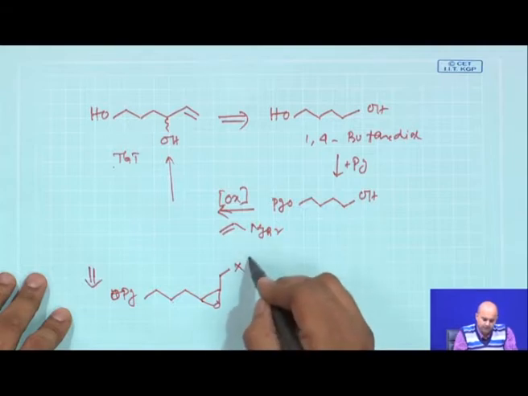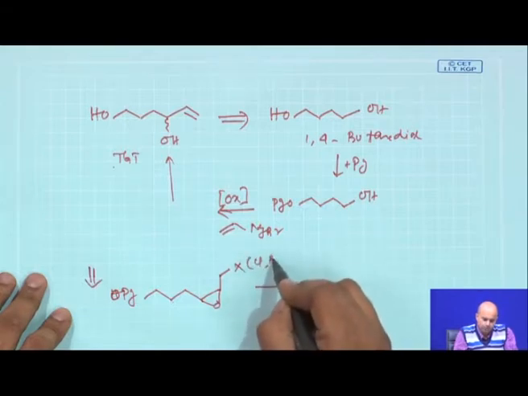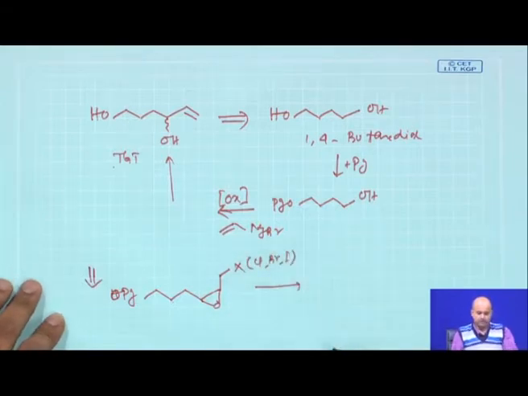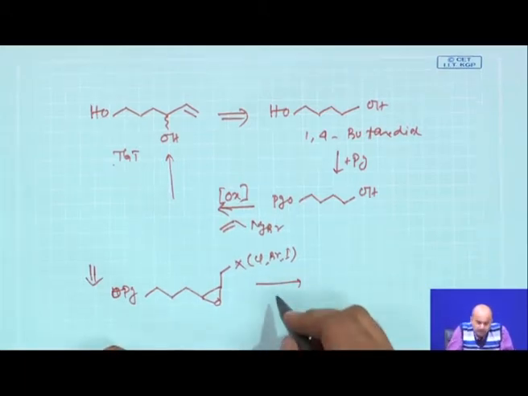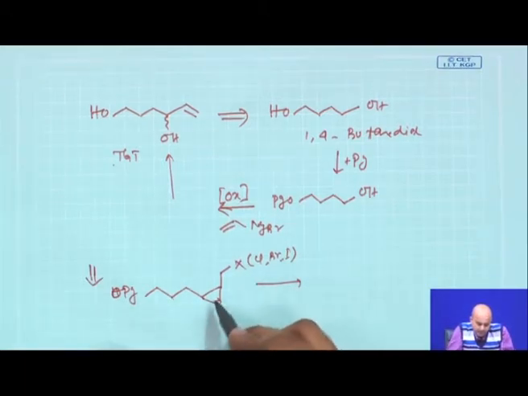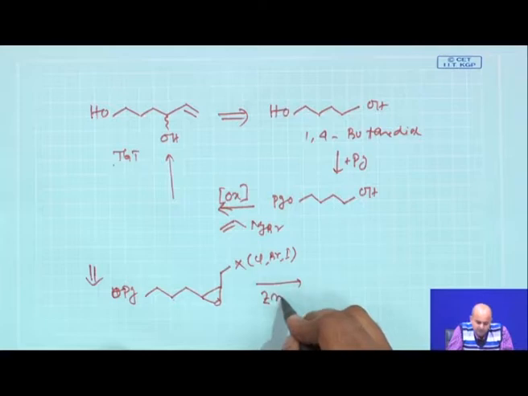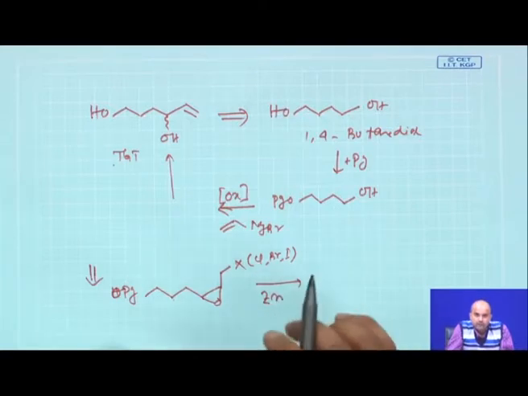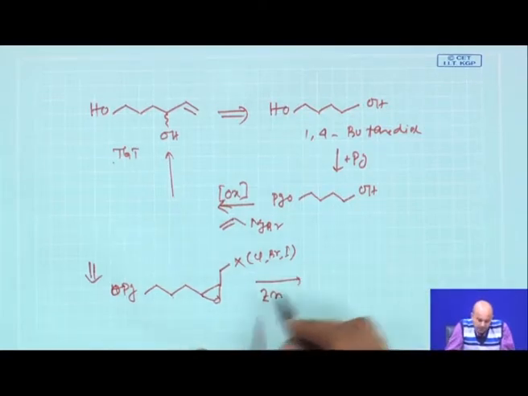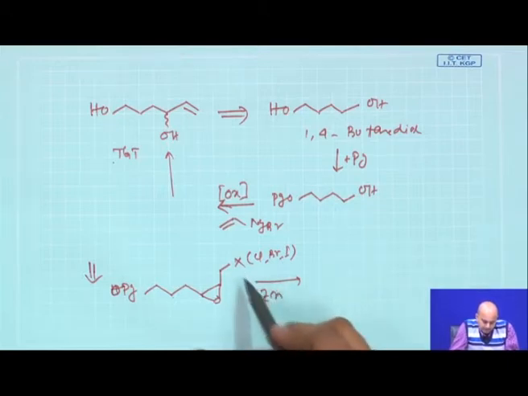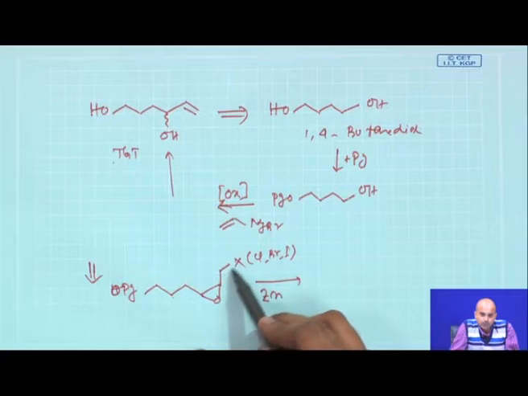I say X is chloro, bromo or iodo, and there is a very interesting reaction. If you take this kind of epoxy chloro or epoxy bromo compound and react it with simple metallic zinc, it has been found that the zinc reacts with the epoxy halo compound, and normally gives you a radical species here.